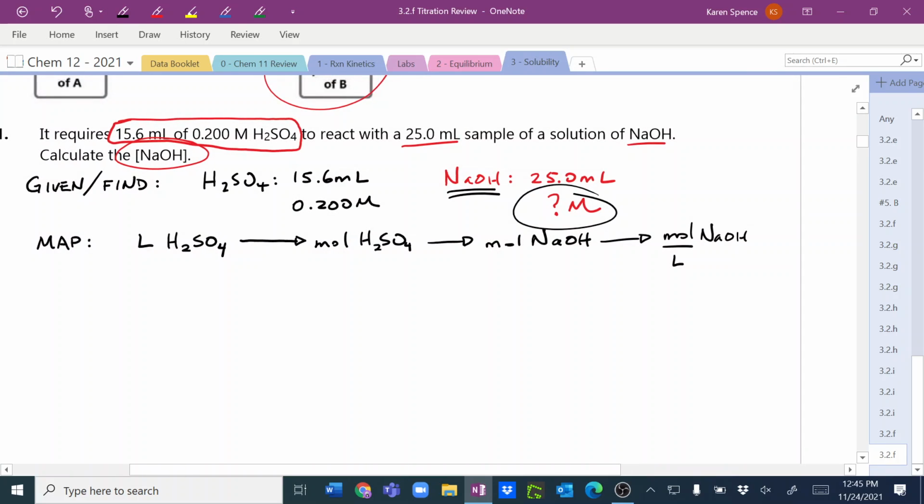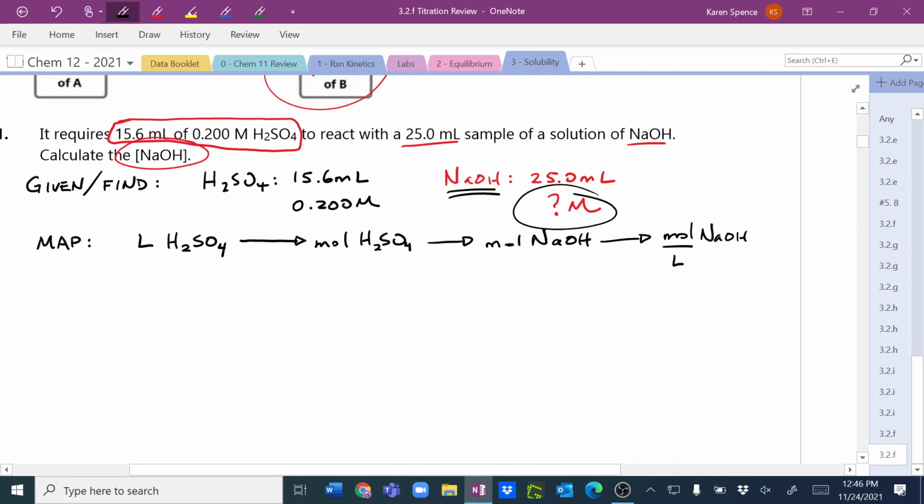None of this is required to be written down to get full credit for this question. It's just something that might be helpful to you, okay? So write down what you're given and what you want to find, and draw a little map showing where you're starting and where you're going to.